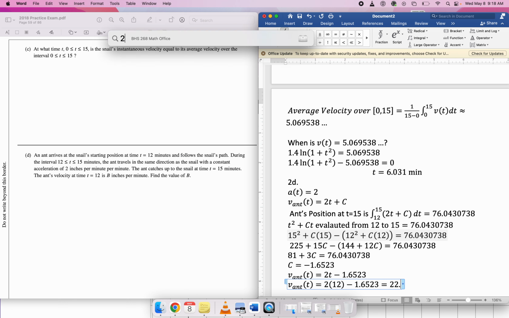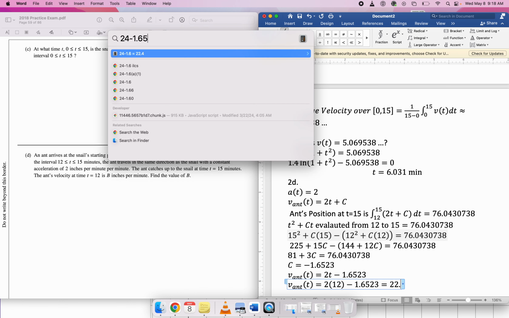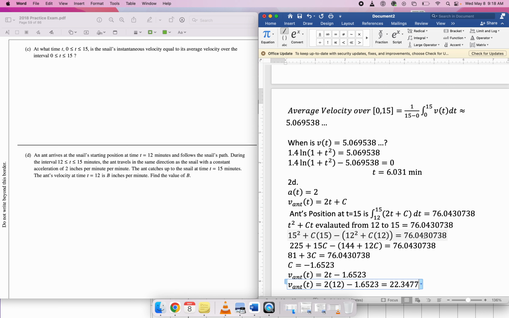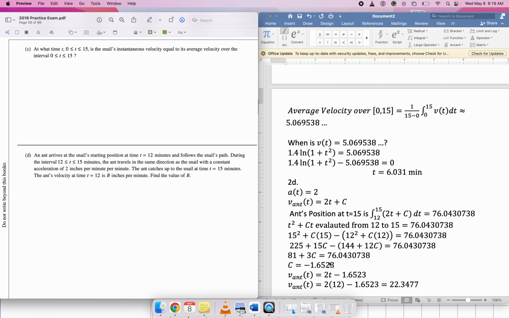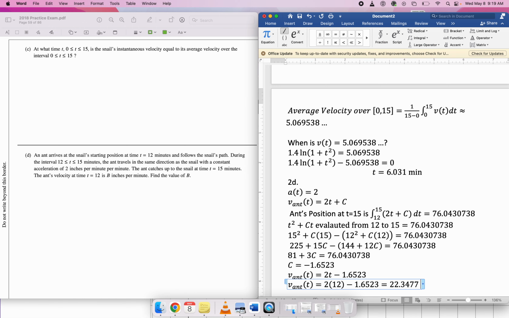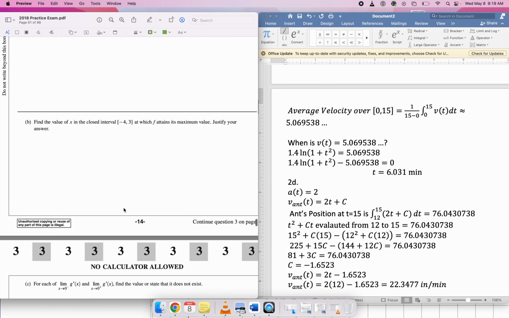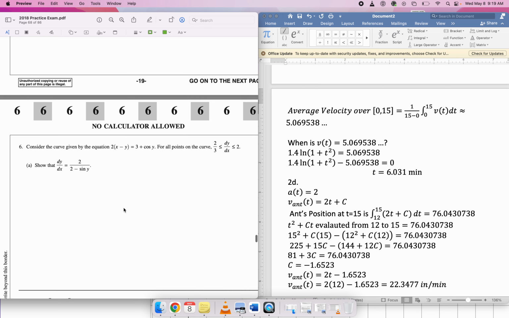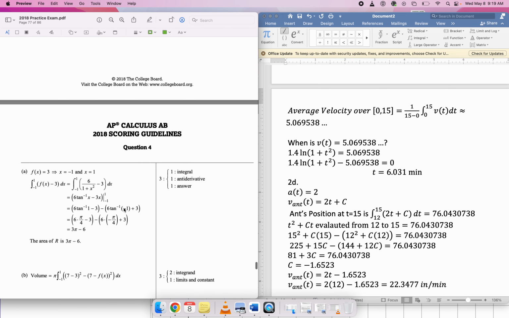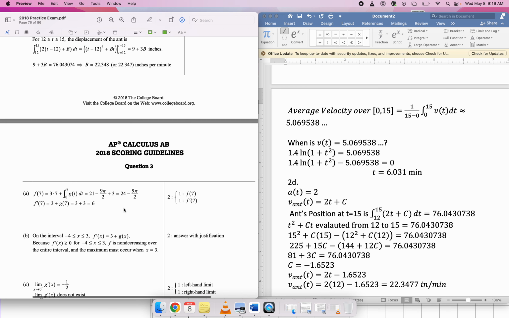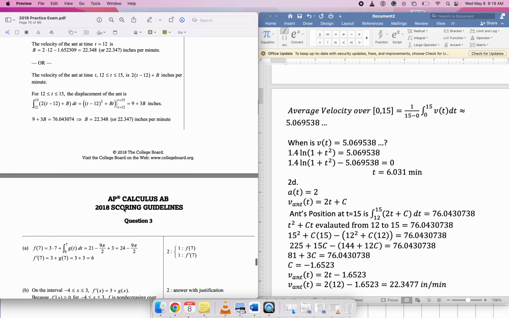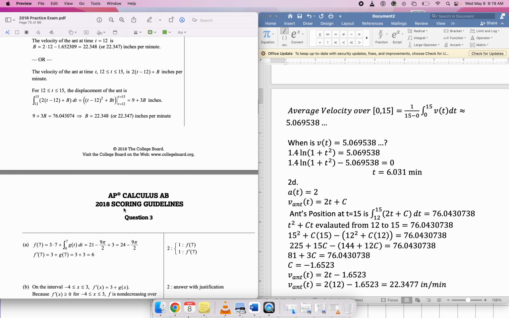What was that again? Is that right? 22 point. Of course, this is inches per minute, right? Let me check that. Yeah. There it is. Cool.